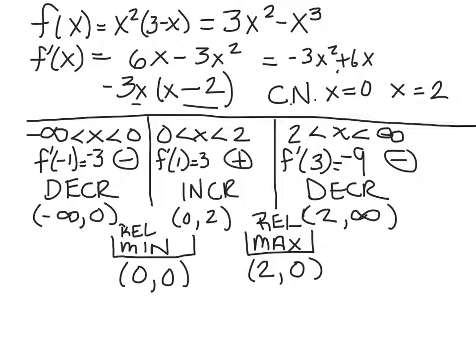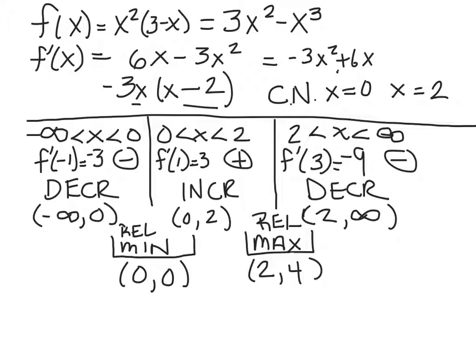I take that back, I didn't get 0. Plugging 2 into the original problem would give me 4, 12 minus 8, which would be 4. Sorry about that.